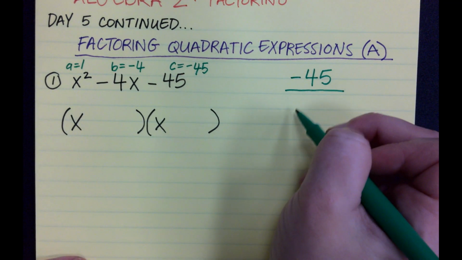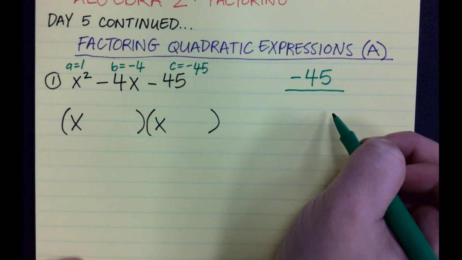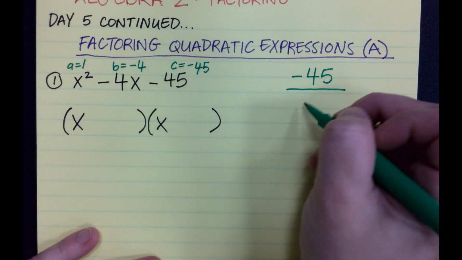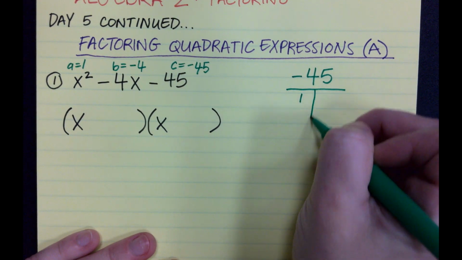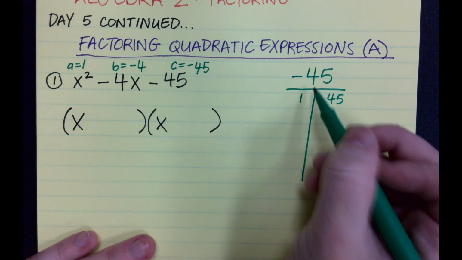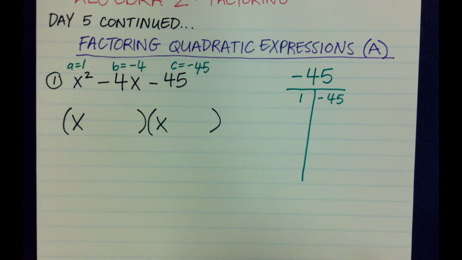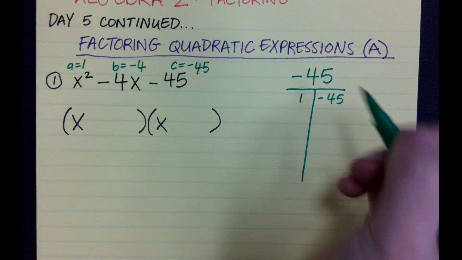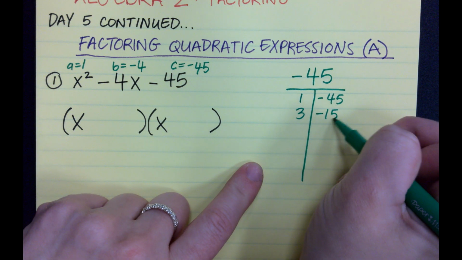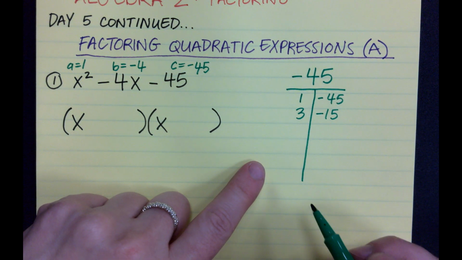We could start by writing 1 times negative 45, but I know that's not going to add to negative 4. But we'll write it just for fun. 1 times negative 45. Can we divide negative 45 by 2? No. 3 times negative 15. Can we do 4? No.